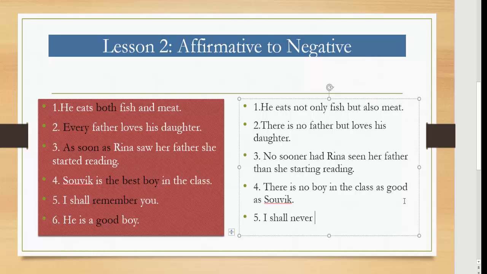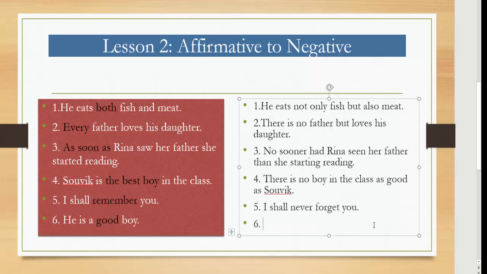I shall never forget you. Subject, verb, never, then the antonym of remember, forget. I shall never forget you. In this way, he is a good boy, he is not a bad boy.